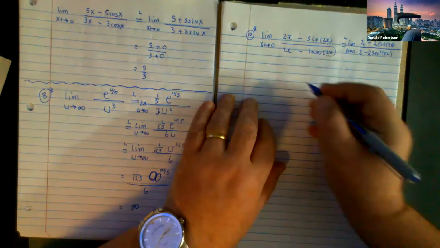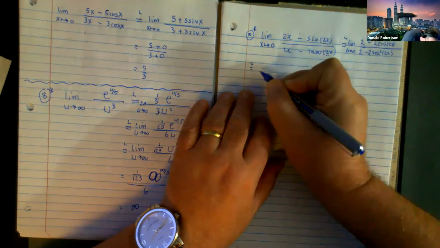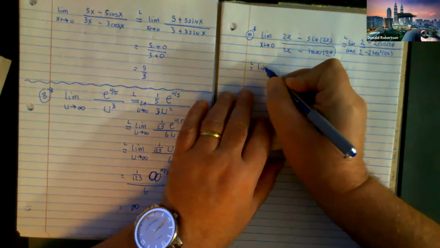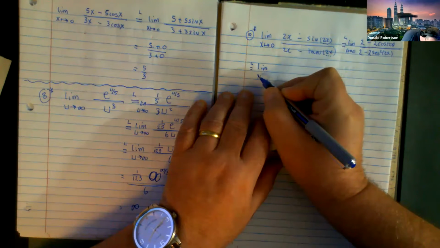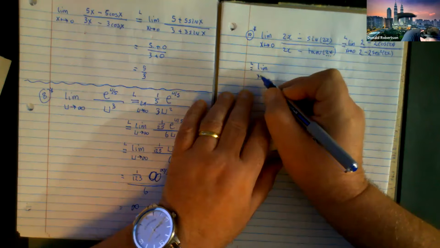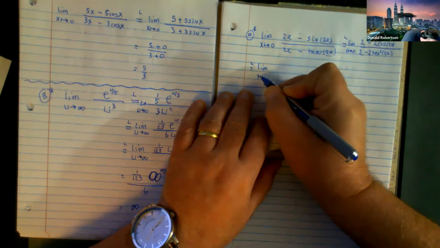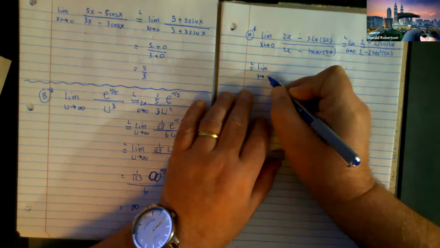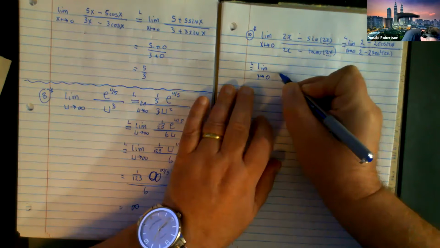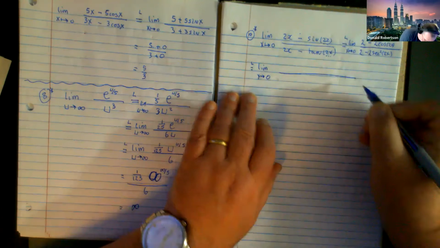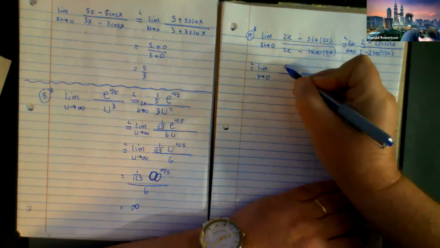Now, if you plug in 0, you get 2 take away 2 and 2 take away 2, so that's no good to us. So we'll do L'Hospital rule again. If you differentiate this guy, you get 0.